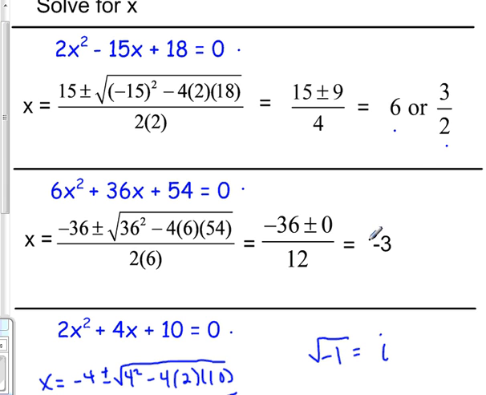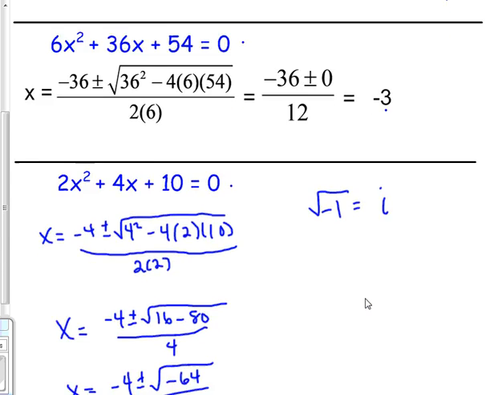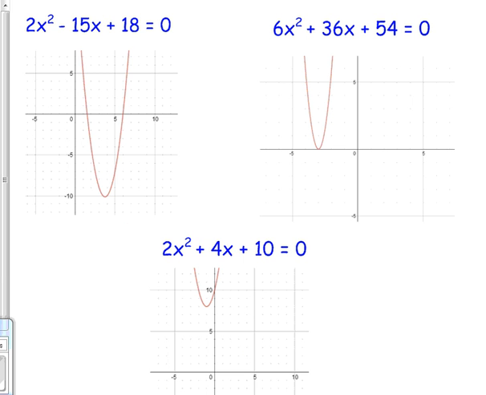This one had 1 answer, negative 3. Guess where it crosses the x-axis? At negative 3. This one has 0 real answers. It has 2 imaginary or complex answers. Guess where it crosses the x-axis? It doesn't. Let's look at those graphs.